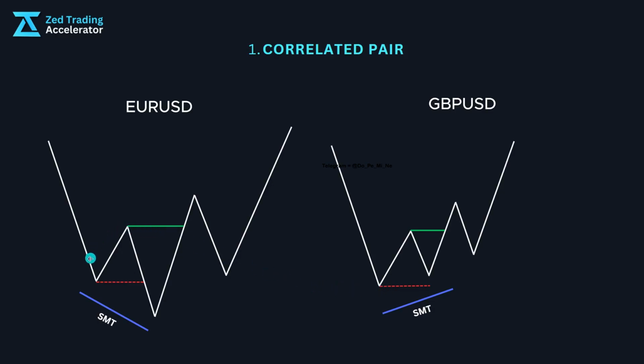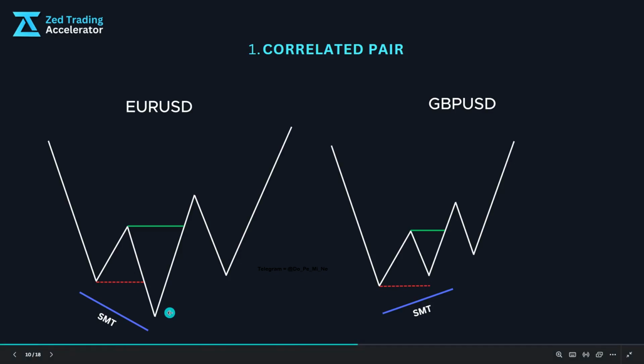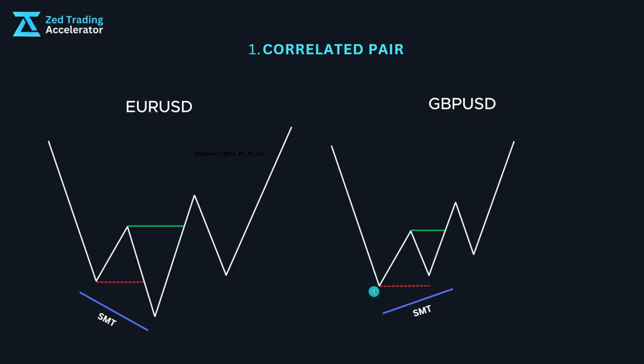Alright? We have here a swing low. We have also a swing low right here. We took out this swing low right here, but we failed to take out the same swing low right here, which shows us a crack in correlation.